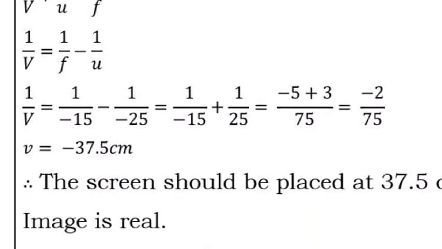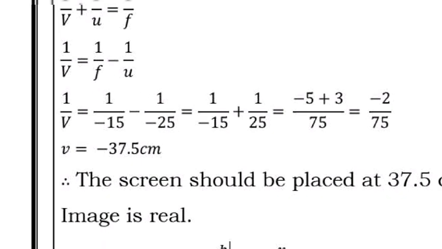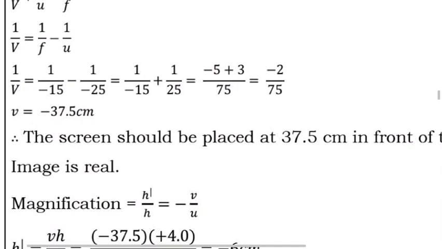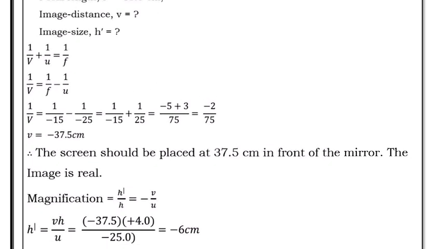So after substituting these values, we will get V equal to minus 37.5 centimeter. The screen should be placed at 37.5 centimeter in front of the mirror and the image will be real.